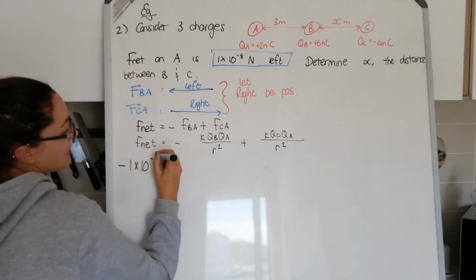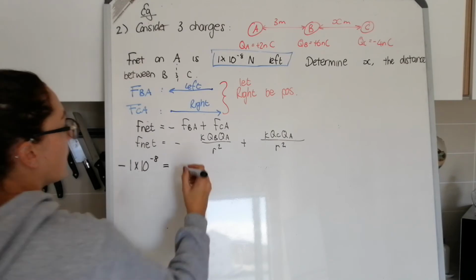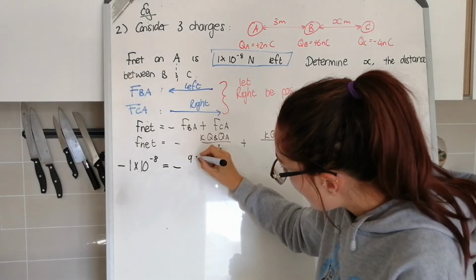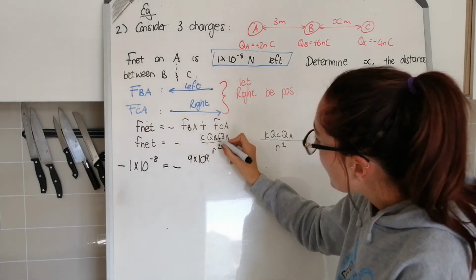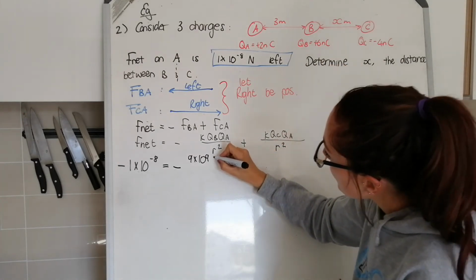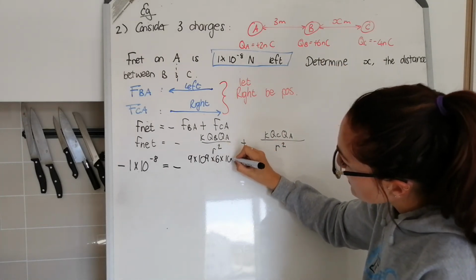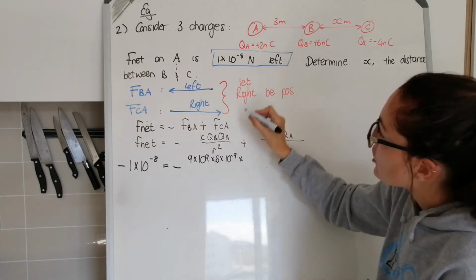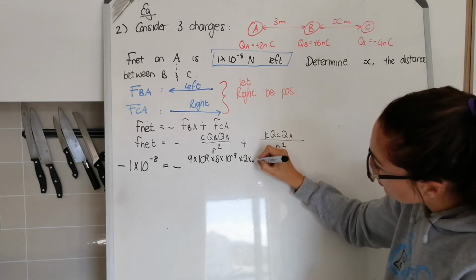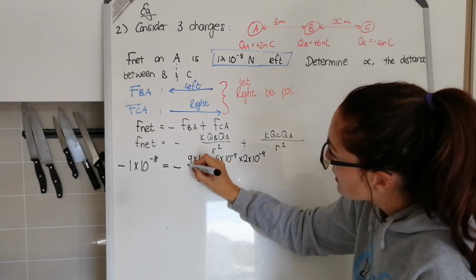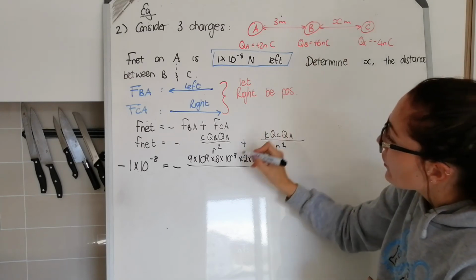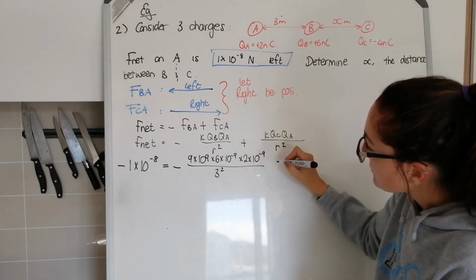Negative 1 times 10 to the negative 8 equals negative K, which is 9 times 10 to the 9. The charge on B is 6 nanocoulombs, so it's 6 times 10 to the negative 9. The charge on A is 2 nanocoulombs, and the distance between them is 3 meters squared.